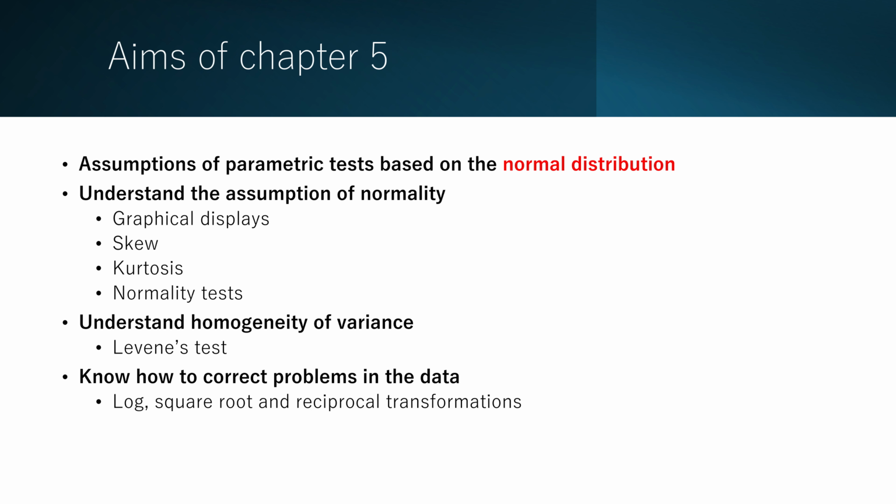This slide lists what we will cover in this chapter. We will first discuss the assumptions of parametric tests, mainly normality and homogeneity of variance. We will learn how to check whether data are approximately normal using graphs, skewness, kurtosis, and normality tests.